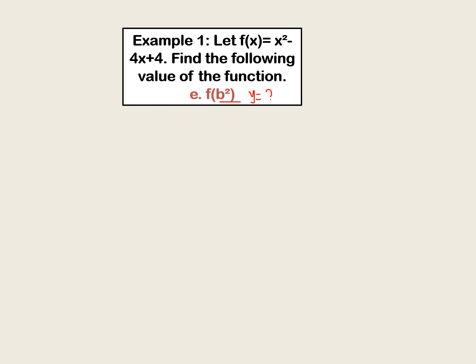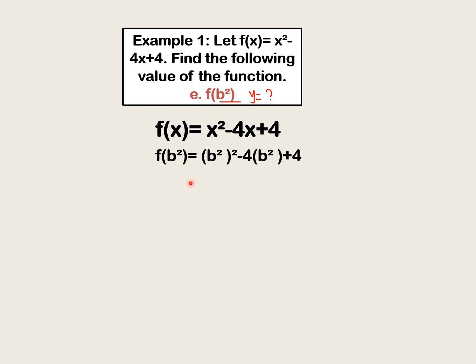Okay. So, let's have the solution. First and foremost, we are going to rewrite first the given function. You always write the given function para meron kayong guide. Okay? So, after writing the given function, lahat ng value ng x dito, papalitan natin ng value which is b squared. So, bale, f of x and our x is equal to b squared.